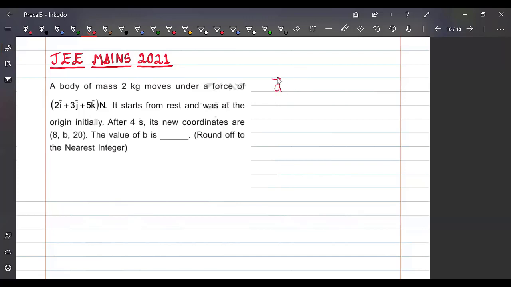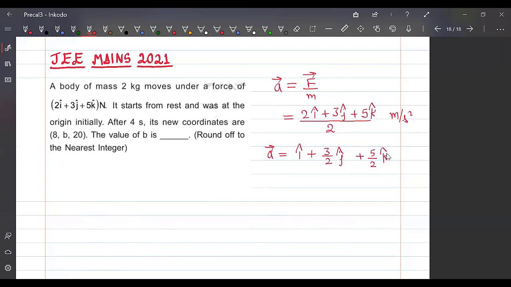So I can write acceleration vector will be force vector upon mass. Force vector is 2i cap plus 3j cap plus 5k cap, divided by mass, which is 2 kg. So the answer will come in meter per second square. Acceleration vector is i cap plus 3 by 2 j cap plus 5 by 2 k cap.